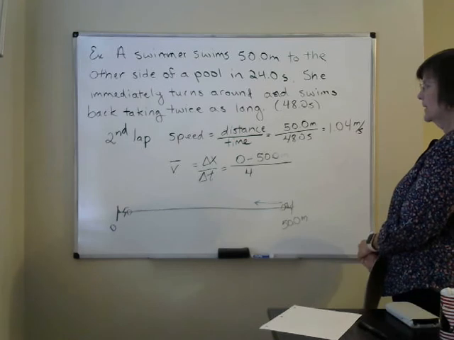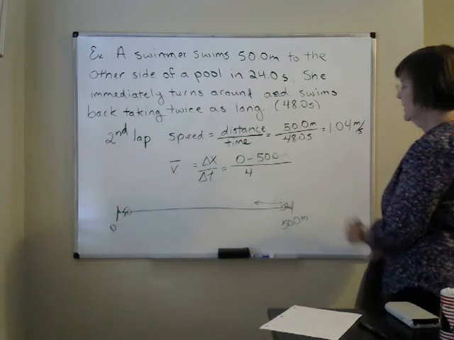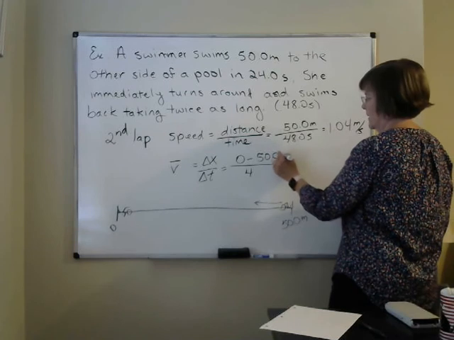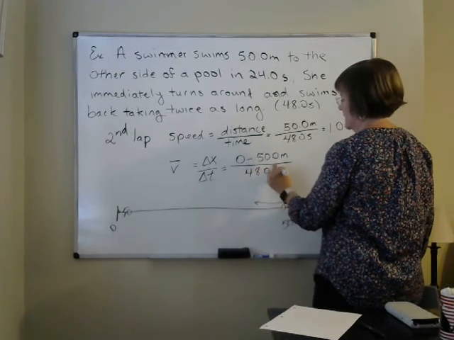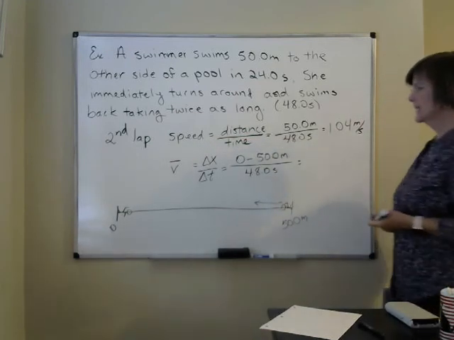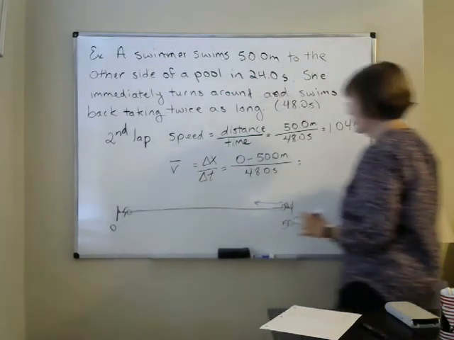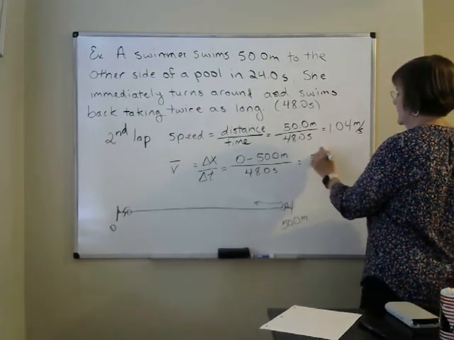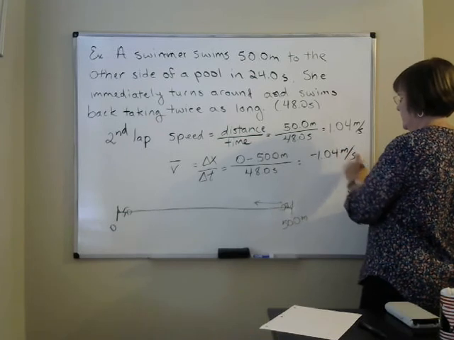Perfect. Now, her velocity, divided by 48 seconds. And what we see is we end up with a negative displacement again. Her displacement, her change in position is in the negative direction. This gives me negative 1.04 meters per second.